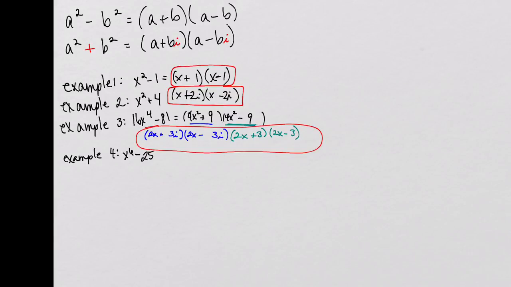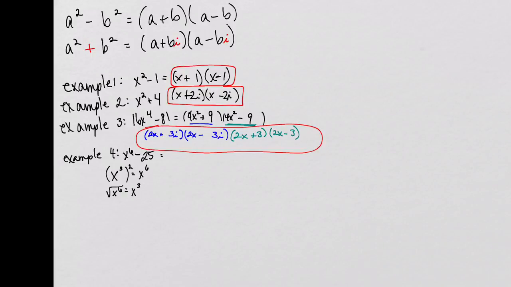Okay, then I had you do example 4. We had x to the 6th minus 25. Well, the minus 25, two terms, it looks like the difference of squares. What would be the square root of x to the 6th, though? So I'm trying to figure out this question. If that is x to the 3rd and I square it, I'll get x to the 6th. So that means that the square root of x to the 6th is equal to x to the 3rd power.